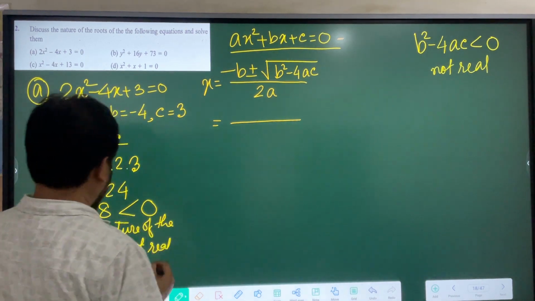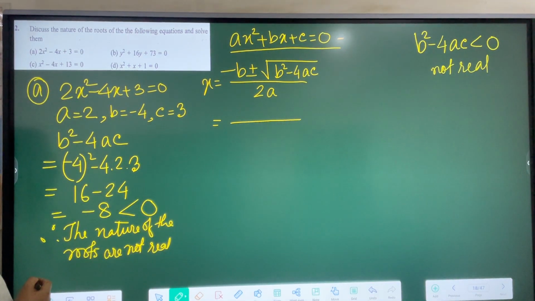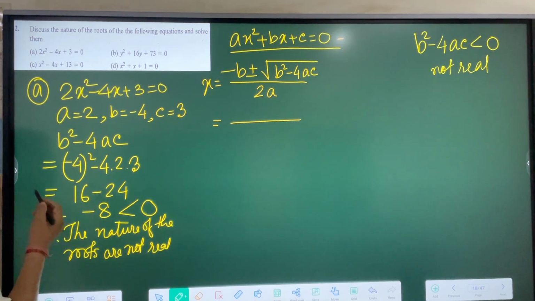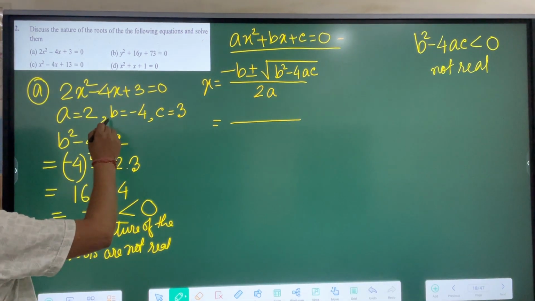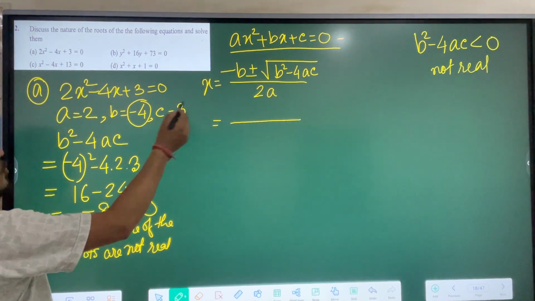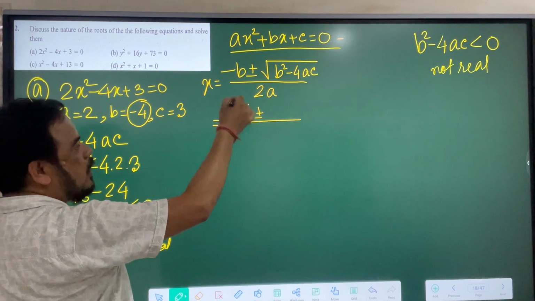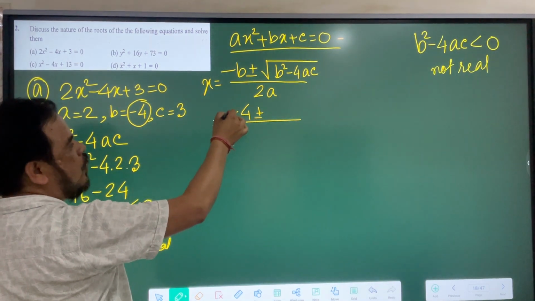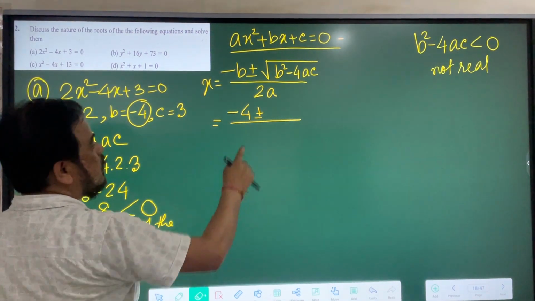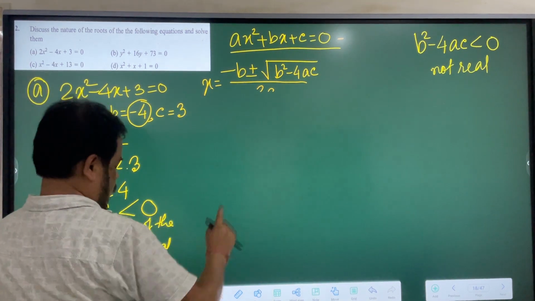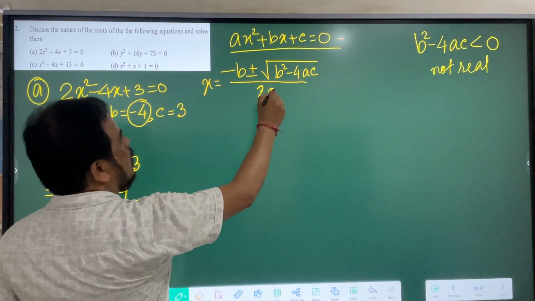Now very importantly, you have to see what mistake students generally make. Let me show you. B is minus 4. Students write only minus 4 like this and go on doing the calculation. That is wrong. Why is it wrong?